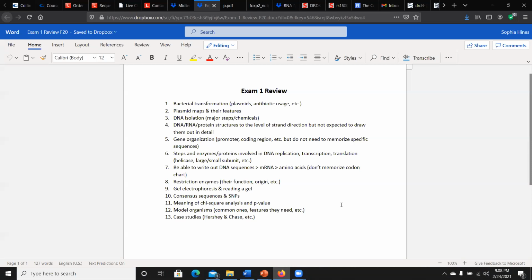And then going back to our case studies. So if you remember back with the bacteriophage viruses, where we were tagging phosphorus and sulfur, and kind of the main takeaways from those kinds of things.